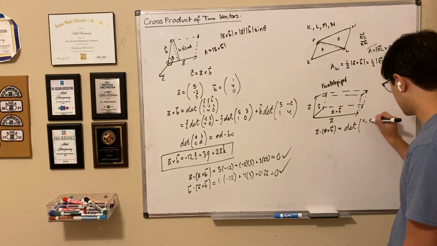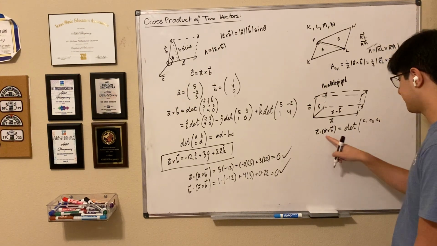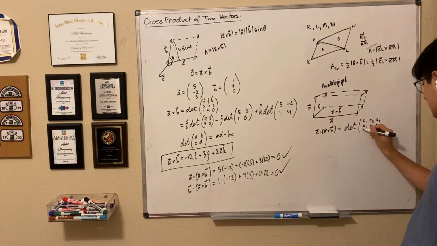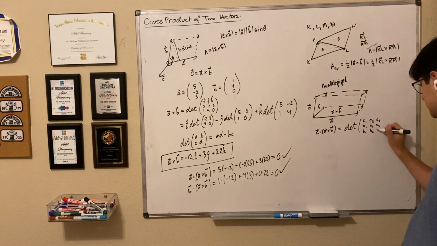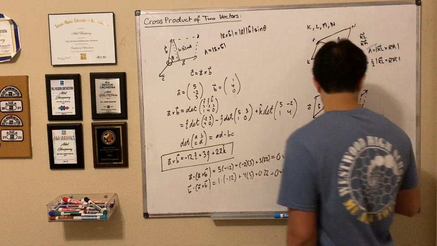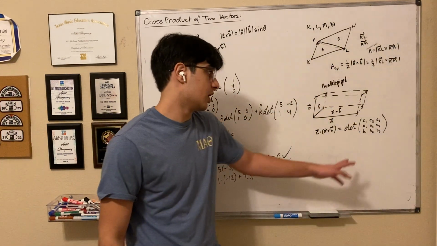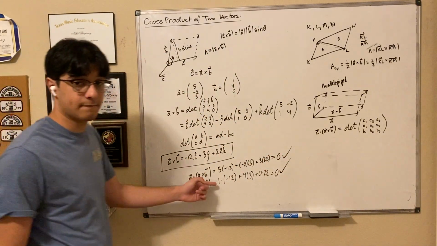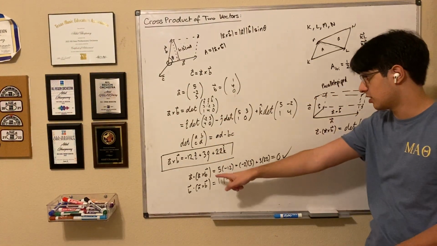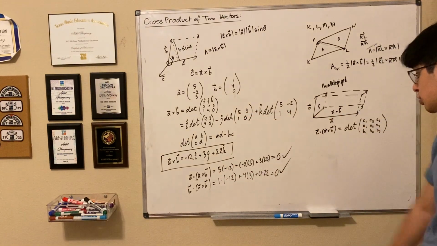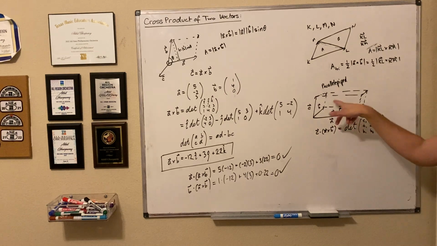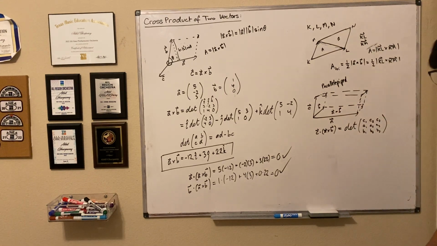So we're going to have C1, C2, C3, and then for our second row, A1, A2, A3, and this would be B1, B2, B3. By taking the determinant of this matrix, following the same procedure that we illustrated with the 2x2 determinants, you can find the volume of this parallelepiped.